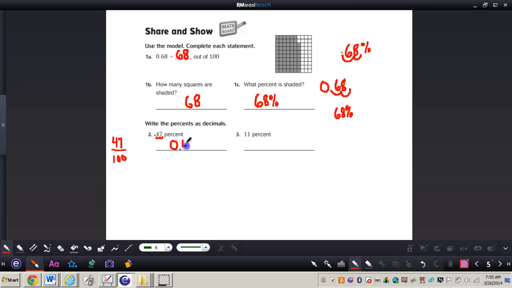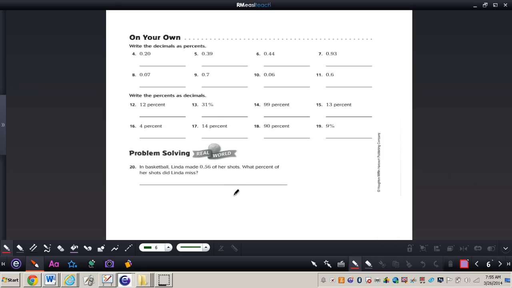We have 47 hundredths as a decimal there. Okay, number 3, 11%. Think about percentages out of 100. 11 out of 100, or 11 hundredths. We can write 11% as the decimal 0.11, or 11 hundredths.